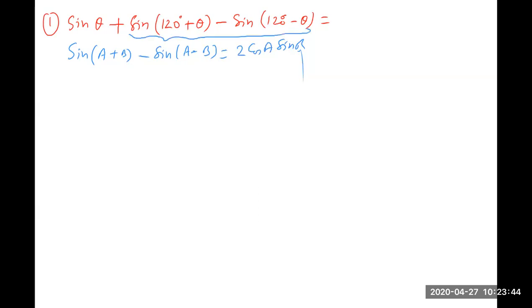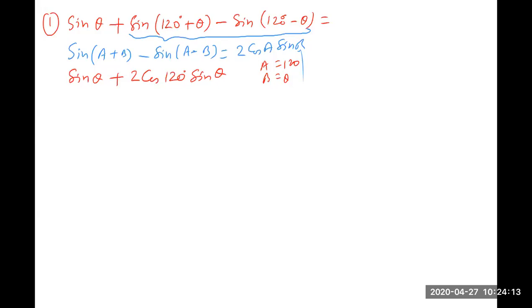So sin theta will come as it is, plus. What is A? A is 120 degree, B is theta. So 2 cos 120 degree sin theta.